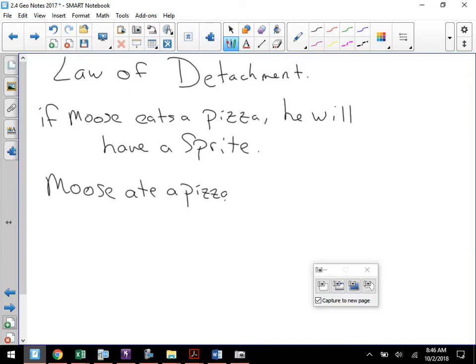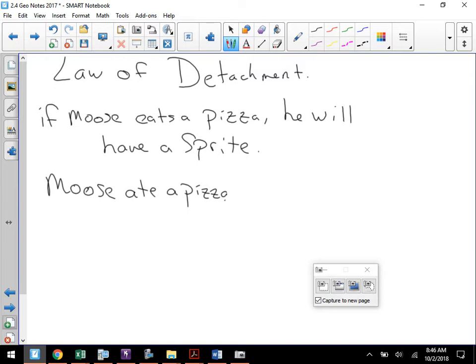The idea behind what's called the law of detachment is that you get a conditional statement, an if-then statement. After that statement, they say the first part, the if portion, is true. I didn't want to write out the actual definition. The definition sucks, because this is an example.